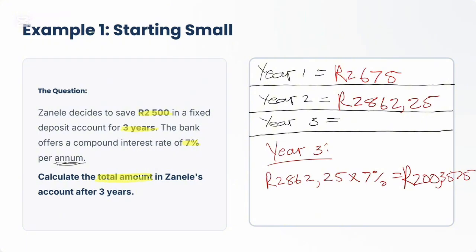Then we're going to take the year 2 value, 2,862.25, and add the interest that we got, 200.3575, and we should get a value of 3,062.6075.